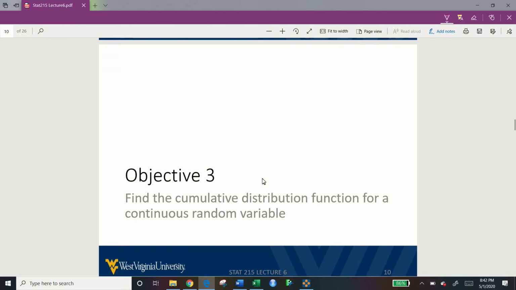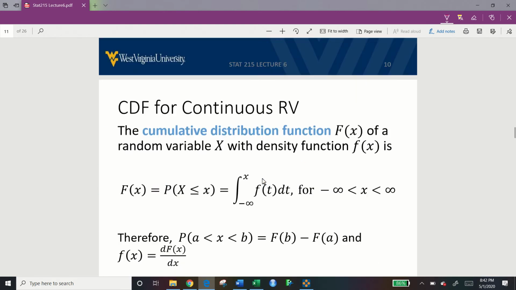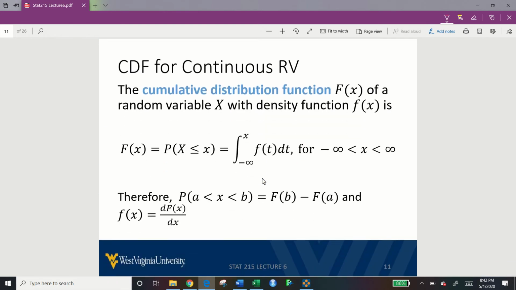This brings us to our third objective, to find the cumulative distribution function for a continuous random variable. The cumulative distribution function, often abbreviated as CDF, is represented by capital F of x, the same way as we did with discrete variables.